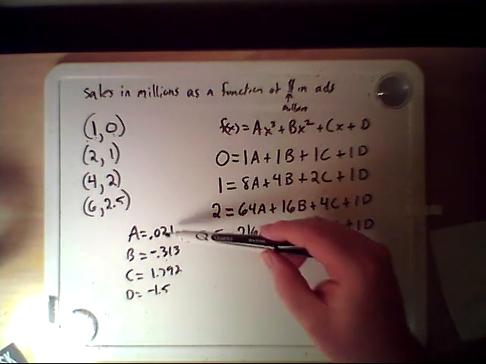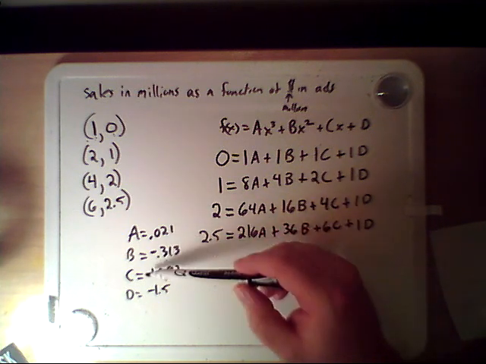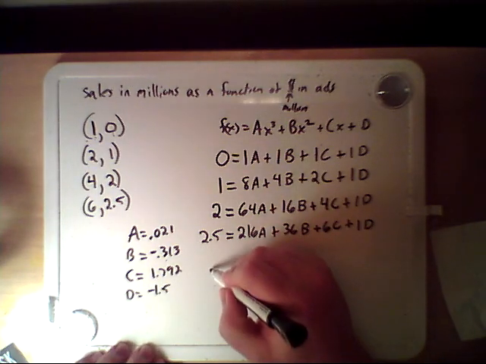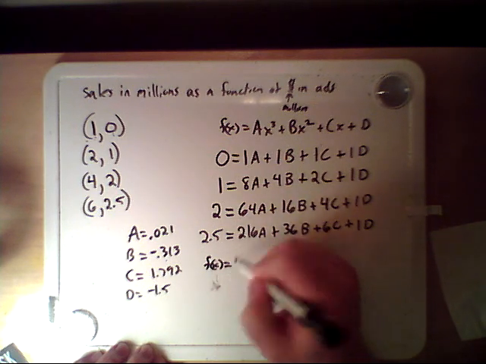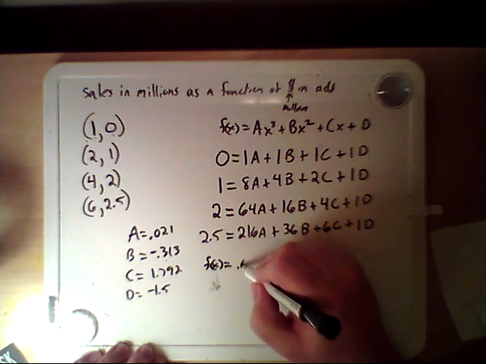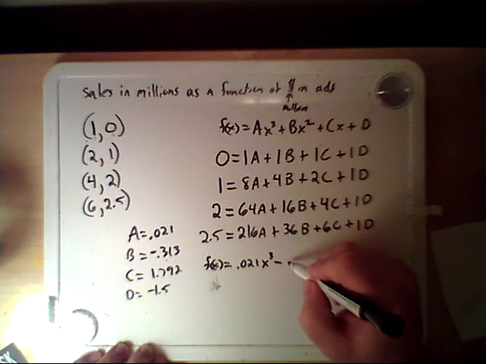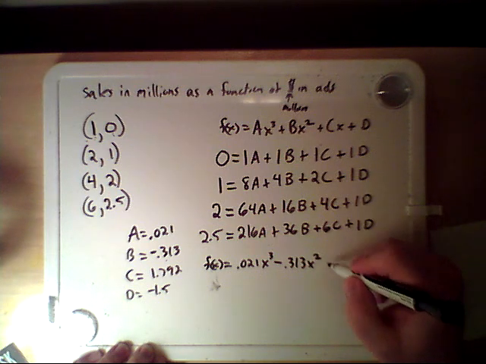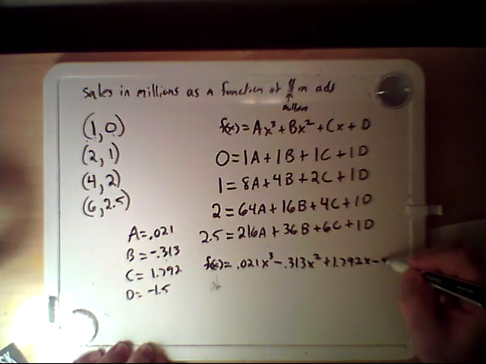So the equation would be 0.021 x to the third minus 0.313 x squared plus 1.792 x minus 1.5. So it's going to be, actually, f of x equals 0.021 x to the third minus 0.313 x squared plus 1.792 x minus 1.5.